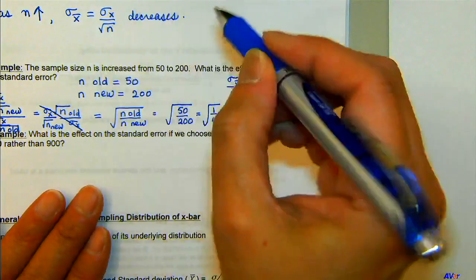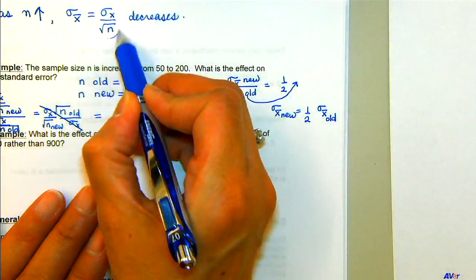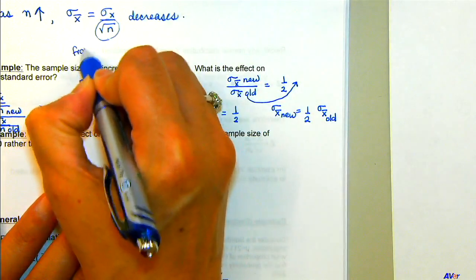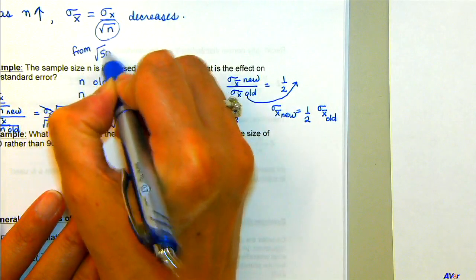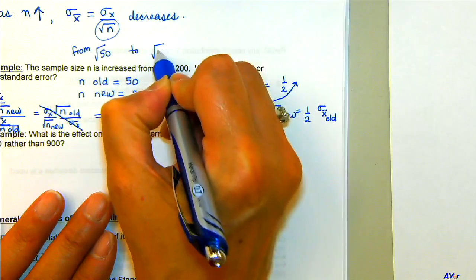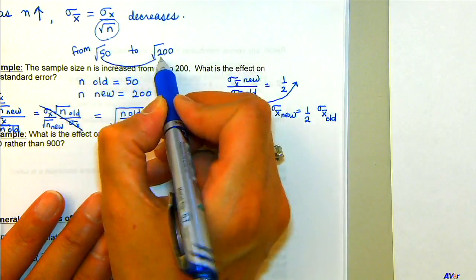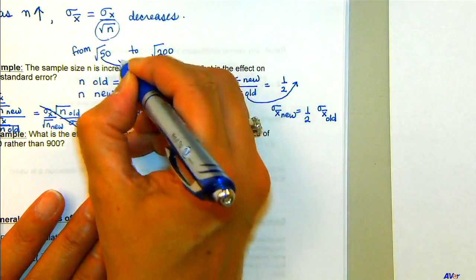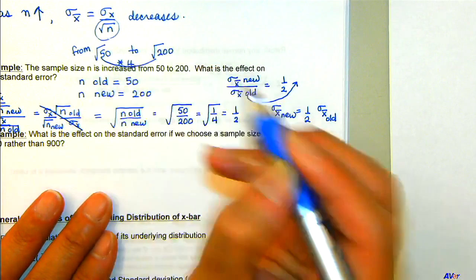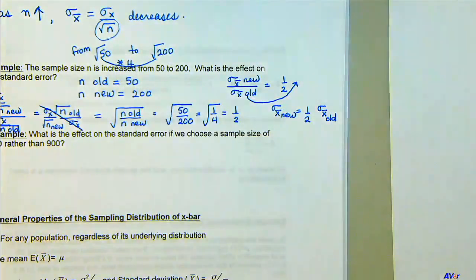this change, look at this rad n here. This rad n has gone from rad 50 to rad 200. So in going from rad 50 to rad 200, haven't we multiplied by 4? And so I have a factor of 4 sitting in the denominator, and 1 over rad 4 is 1/2.